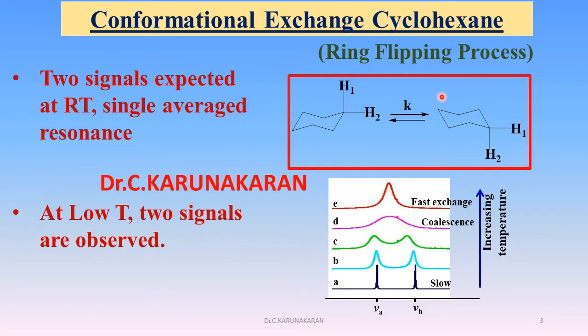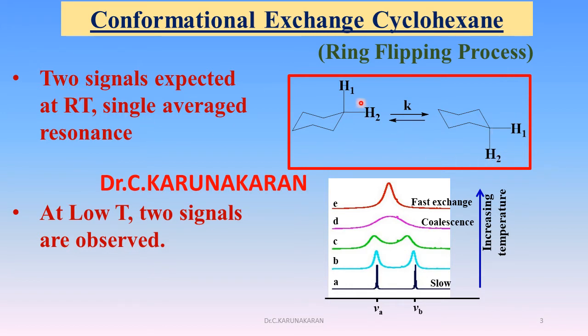In this, we will study the conformational exchange process in the cyclohexane molecule. There are two types of protons in cyclohexane: axial protons and equatorial protons. Due to the ring flipping process, axial protons become equatorial and equatorial protons become axial.